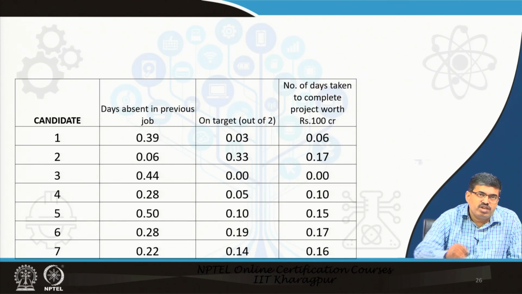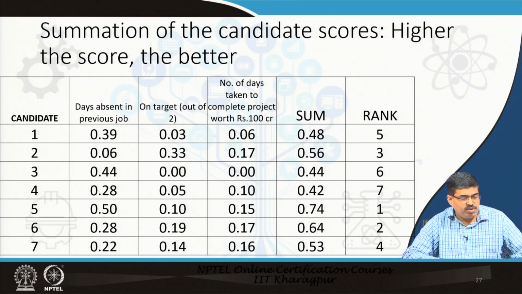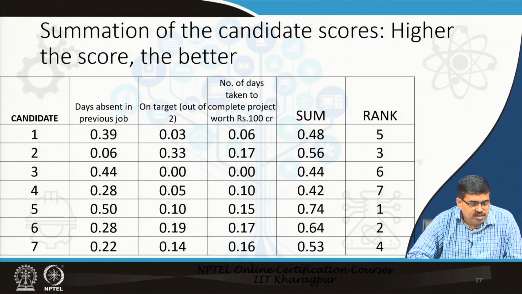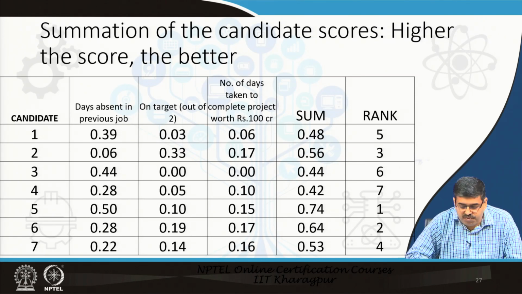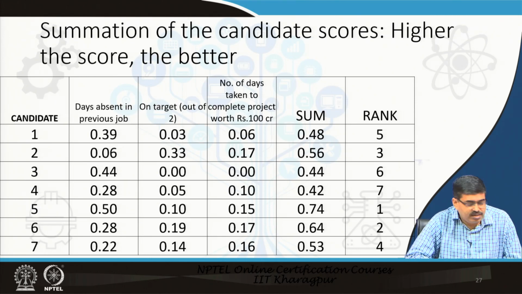So, we get a total score after multiplication. Summation of the candidate scores, higher the score the better, because this is different from LP, that is the one difference. So, we get the rank.